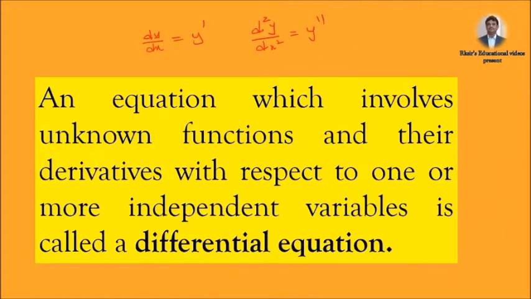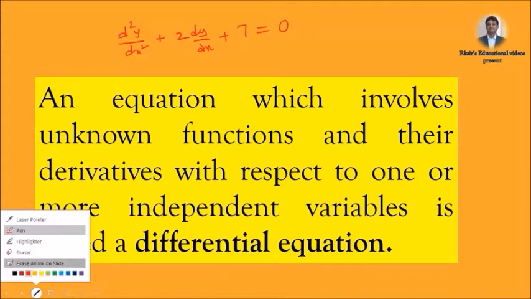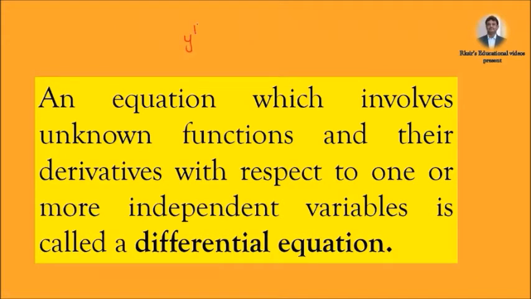Now it may be d square y by dx square plus 2 dy by dx plus 7 is equal to 0. This sort of structure is termed a differential equation. If you write it in y forms, you will write y double dash plus 2y dash plus 7 is equal to 0. This is called a differential equation.